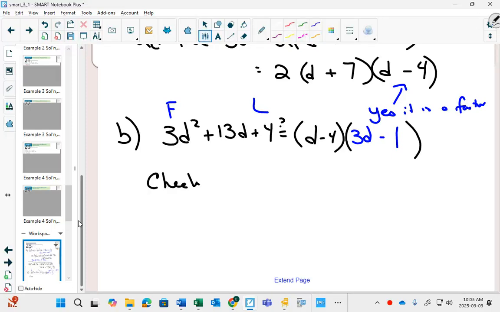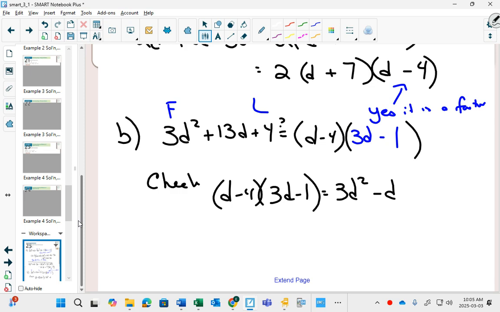We do the check. d minus 4 times 3d minus 1 is equal to 3d squared. My outside is minus d, my inside is minus 12d, and my last ones are plus 4. Gives me 3d squared minus 13d plus 4. Is it the same? No.